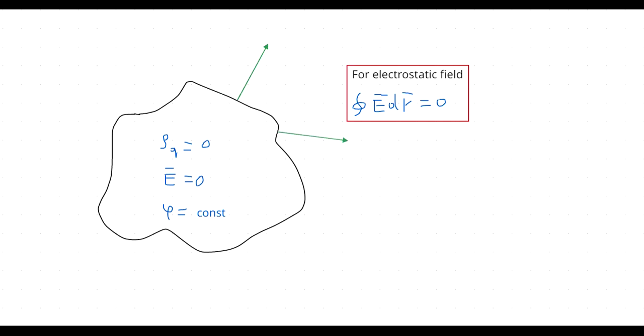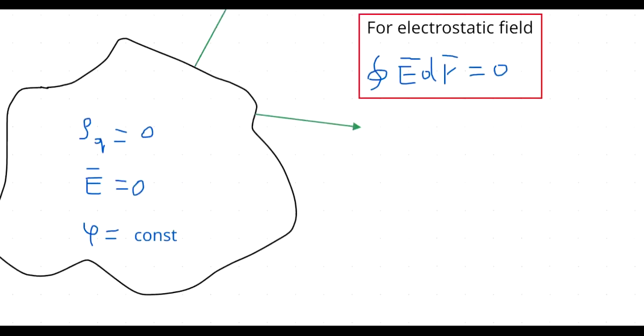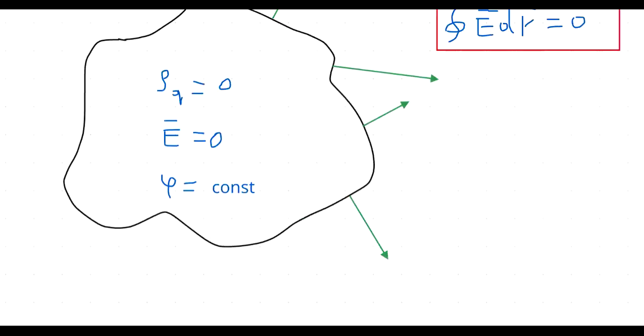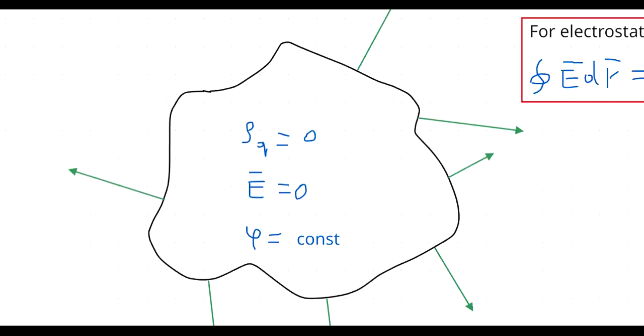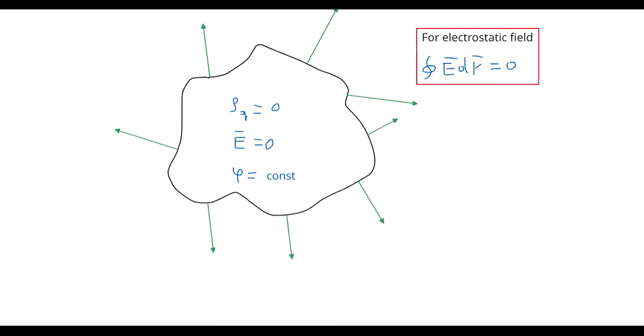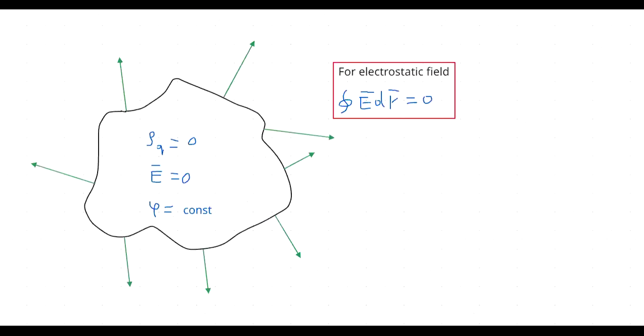We always have the right angle. I will draw many vectors, but for all of them we have the right angle between vector E, the vector of electric field intensity, and the surface of the conductor.